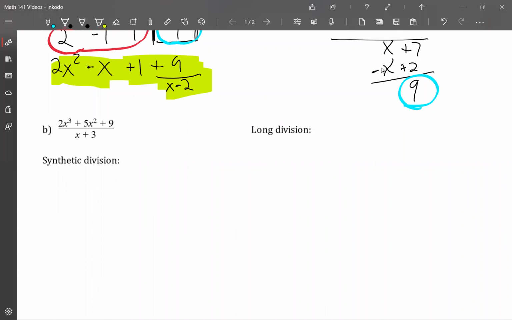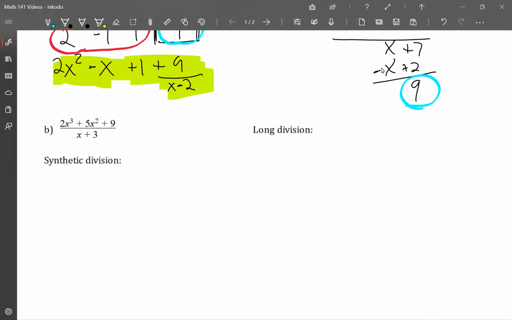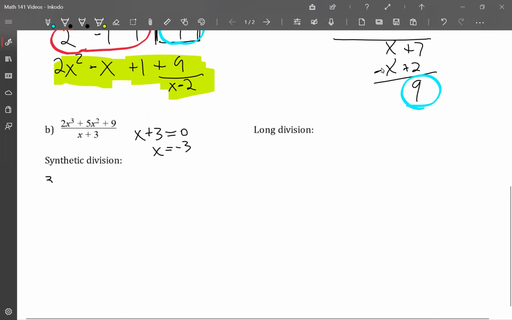But let's start with finding out what our x-intercept or our root is, rather, in this case. So take x plus 3 and set it equal to 0. Subtract the 3 from both sides, and you get x equals negative 3. So we're going to divide by negative 3. And our polynomial is 2x cubed plus 5x squared.